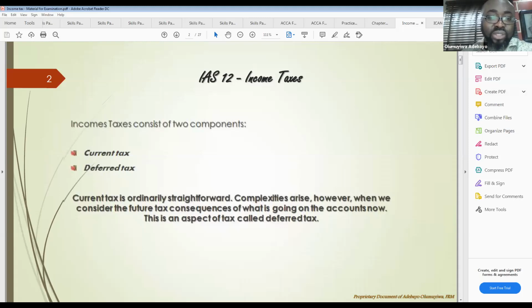Now, what really matters is that when we talk about taxes, it varies in shape. We'll look at forms of taxes on the basis of what are the bases of tax.